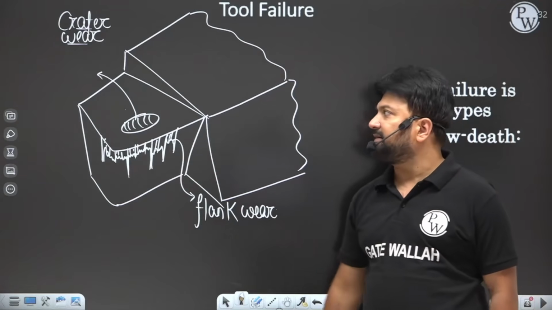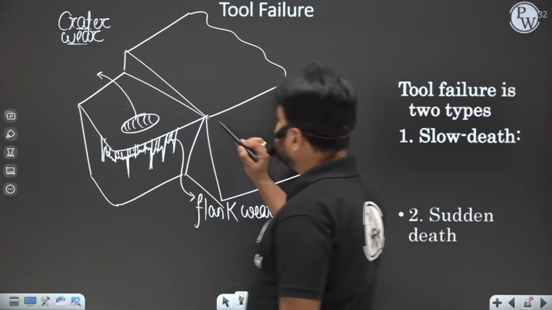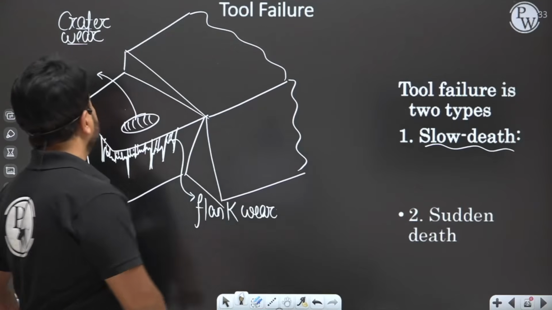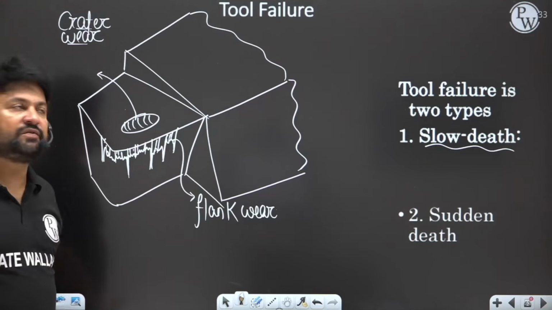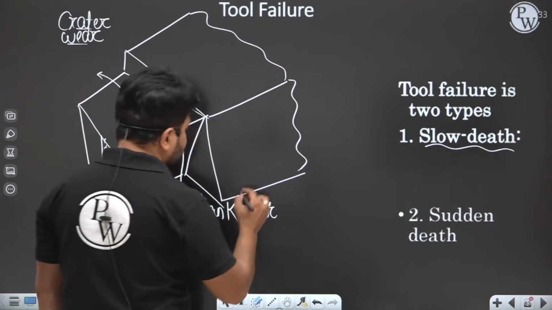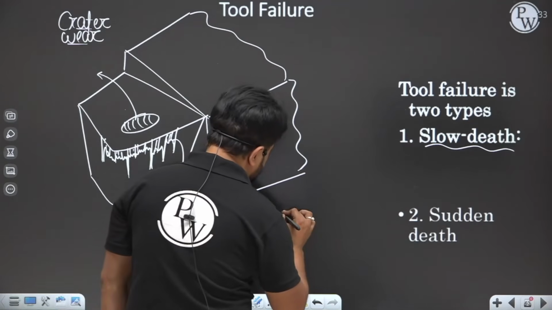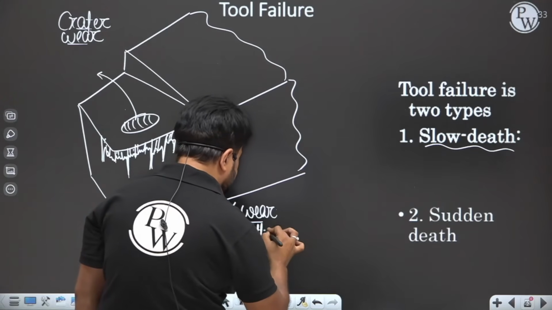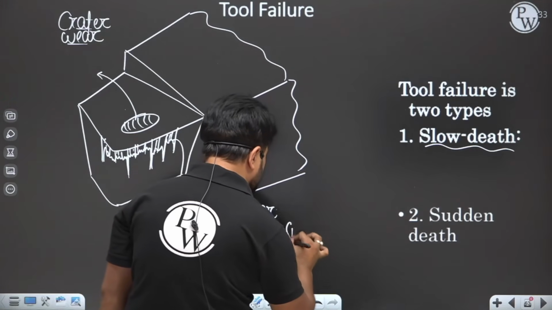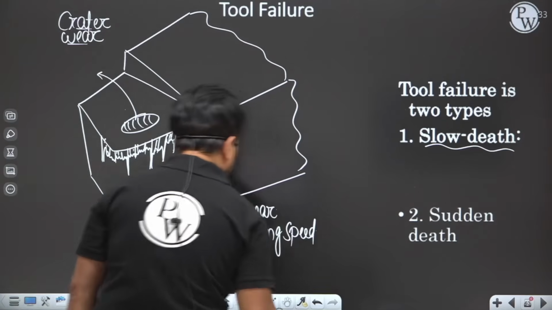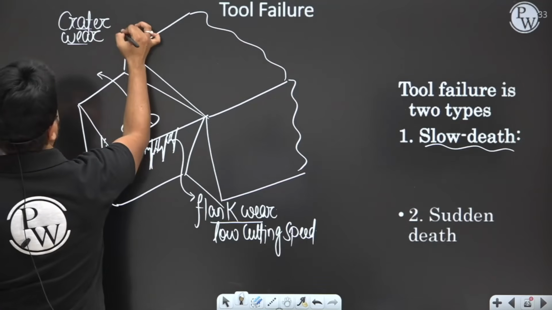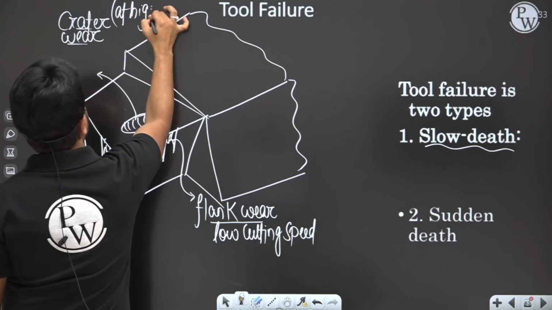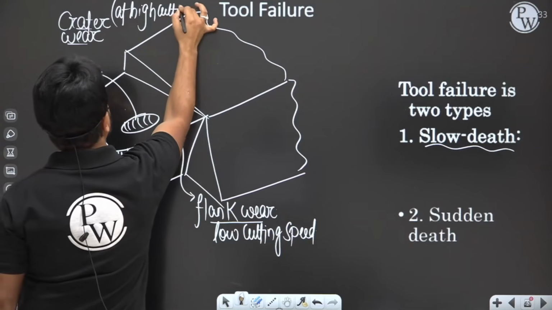Okay, on the flank. Now, this comes in the category of slow death, because we know the reason of the wear. Basically, flank wear will happen because of low cutting speed, and crater wear will occur at high cutting speed.